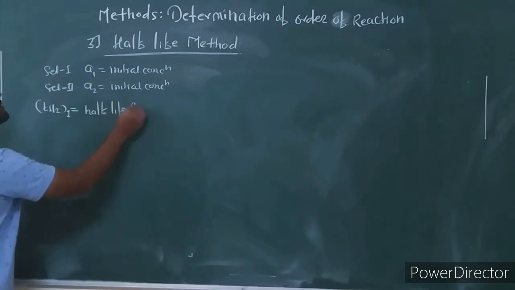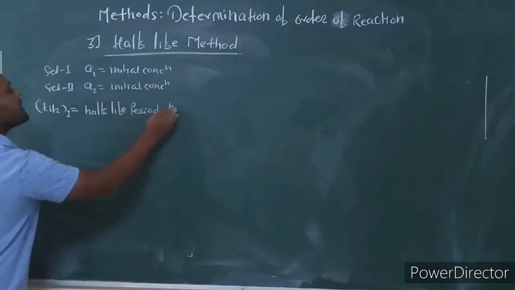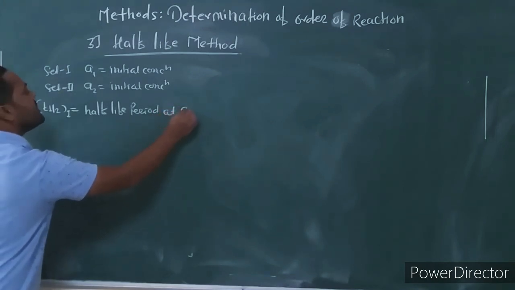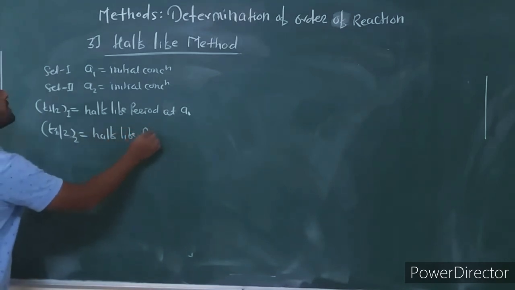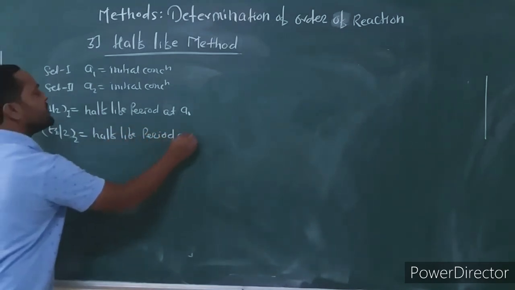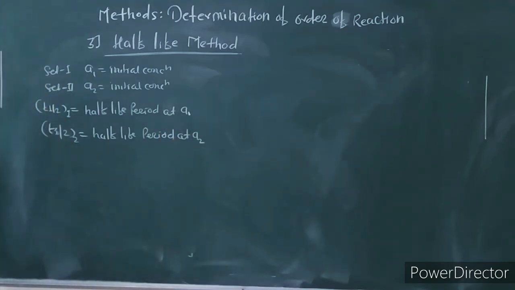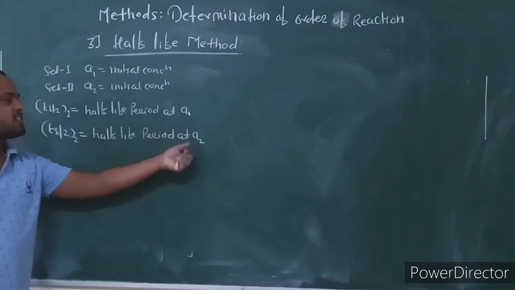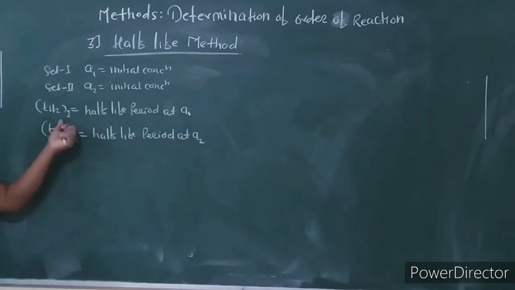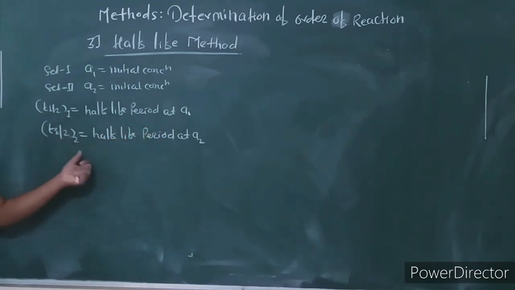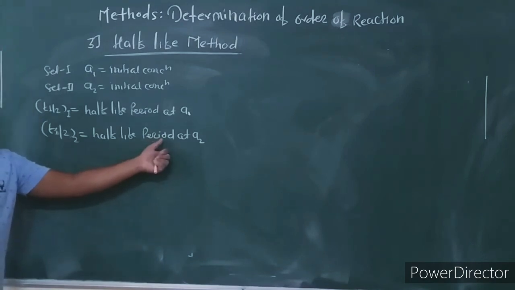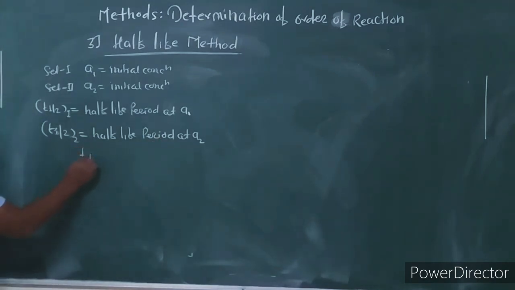T half 1 is the half-life period of the given reaction at initial concentration A1, and T half 2 is the half-life period at initial concentration A2. At two different initial concentrations A1 and A2, we can measure the two half-life periods.